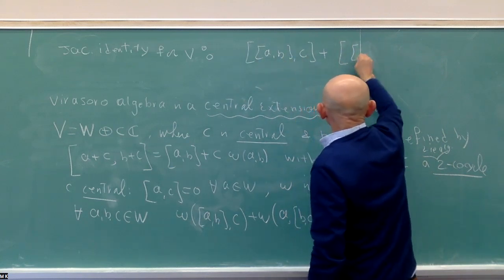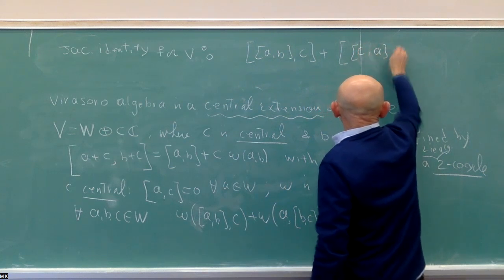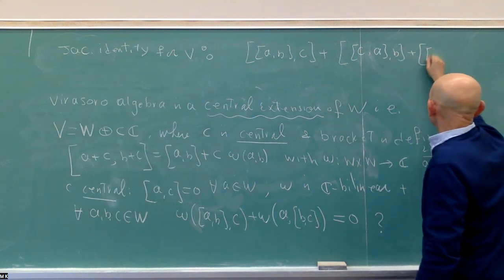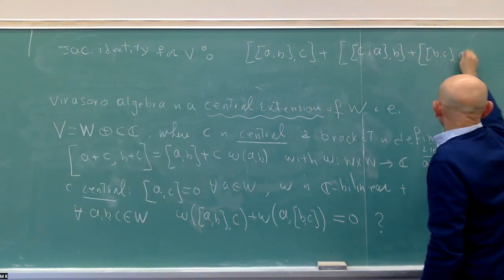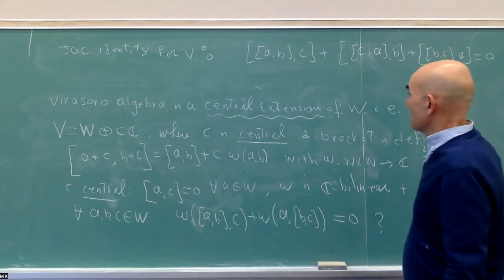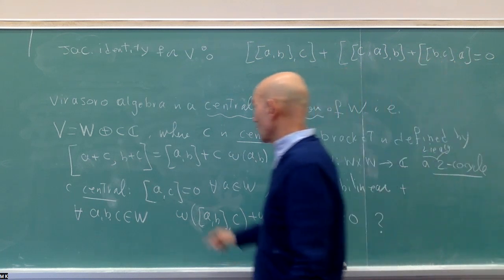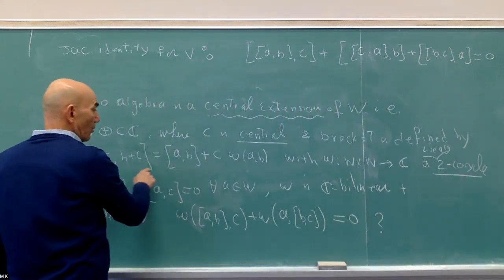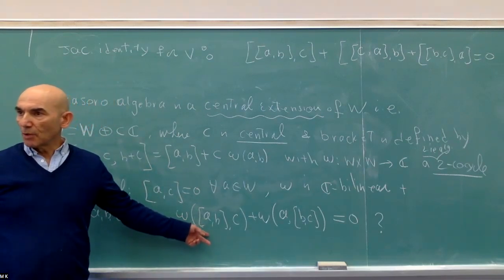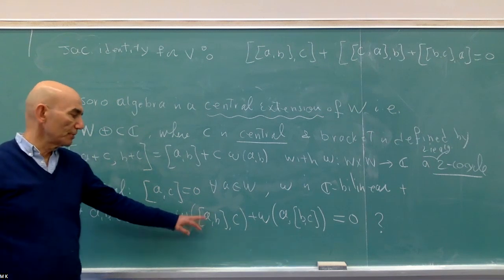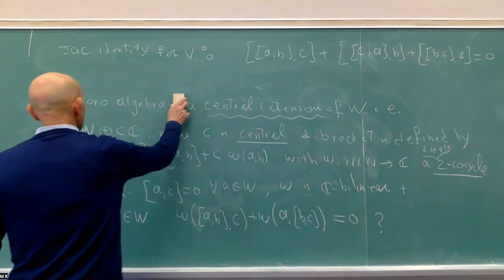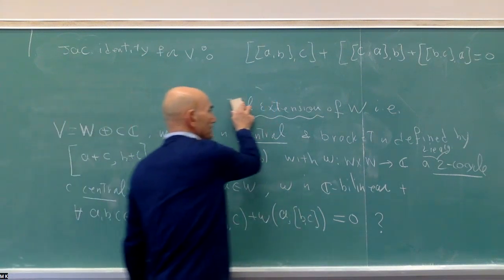So this is going to be bracket of C, A, and B plus bracket of B, C, and A. Yes, so with this definition of bracket now, let's see if we can derive this condition for the cocycle for this bilinear thing. Let's check it just quickly.